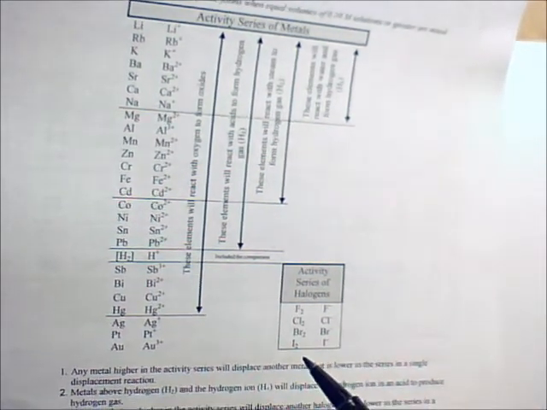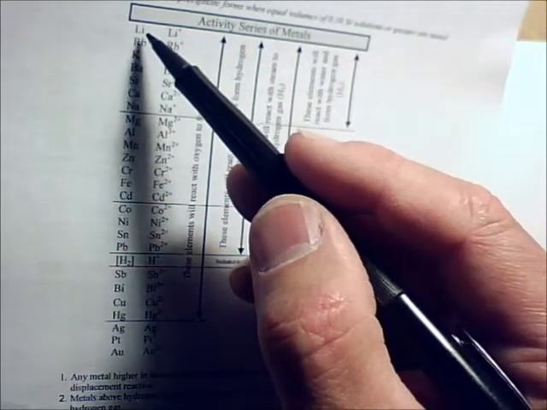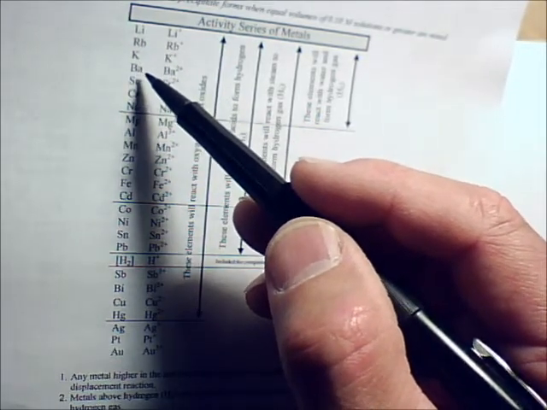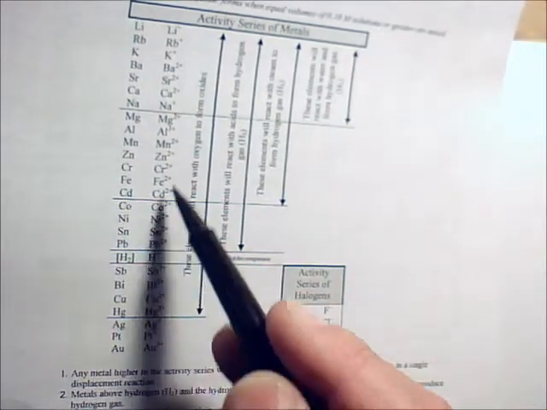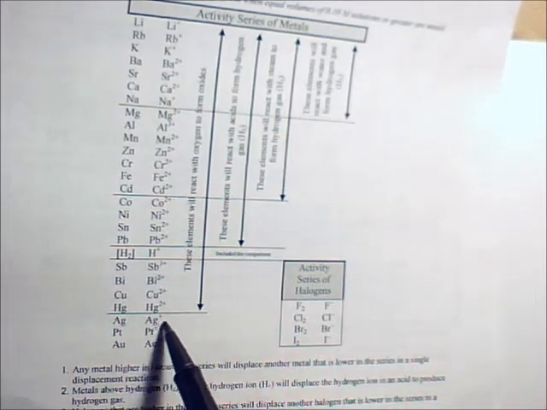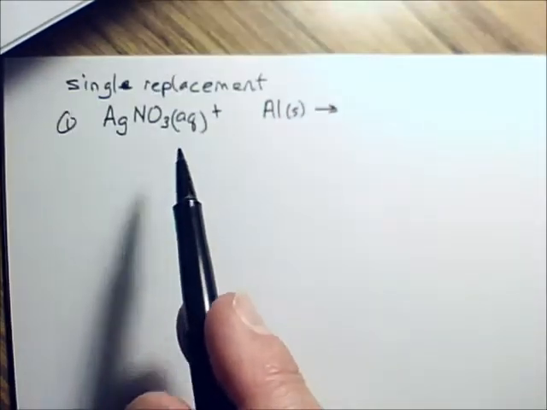Yes, ma'am? All you have to know is whether lithium is above rubidium and potassium, and if it's higher on the chart, it will displace something that's in the compound. So when we're looking at silver, silver is really an ion of silver. This is an ionic compound.